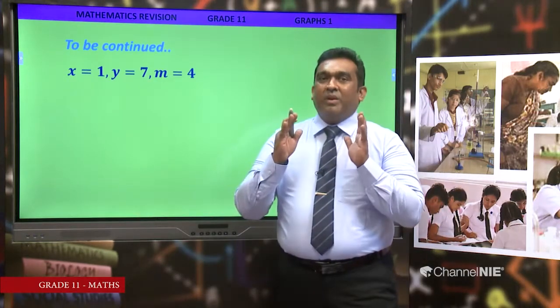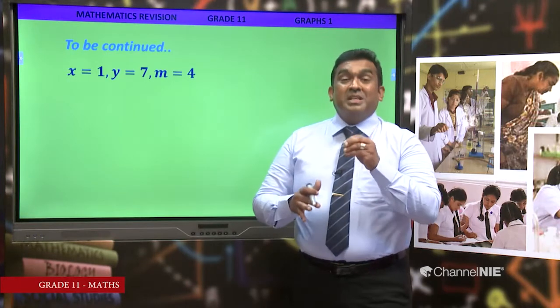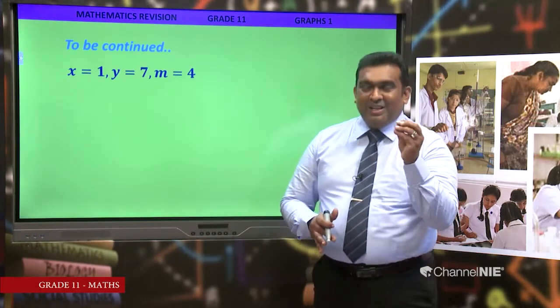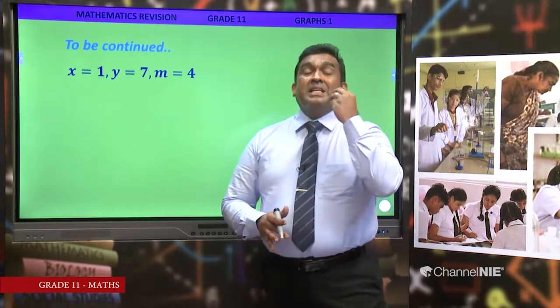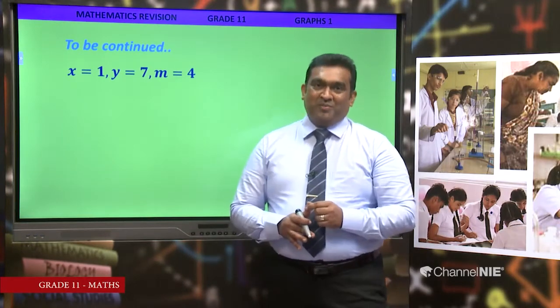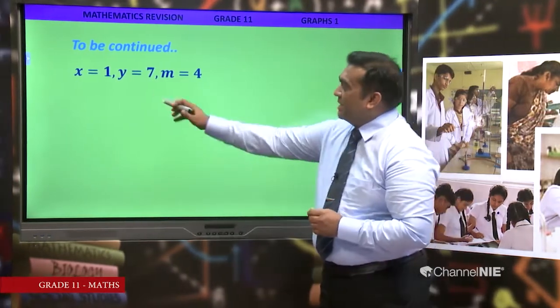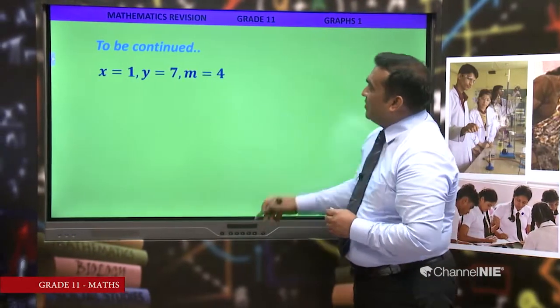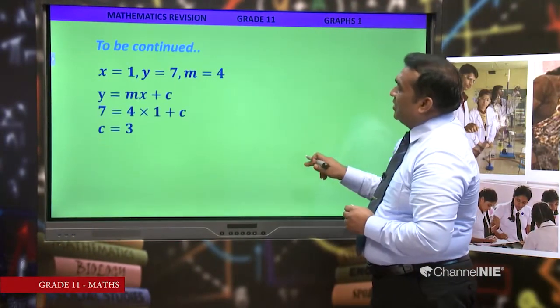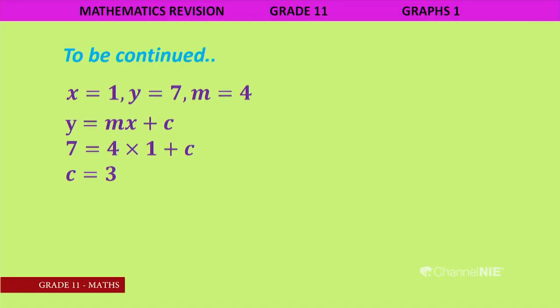If I consider the point (1, 7) which is on the straight line, the coordinates should satisfy the equation. Then x equals 1, y equals 7, m equals 4. This is our standard equation of a straight line. Substituting, y is 7, and we know m is 4, multiplied by 1 plus c.